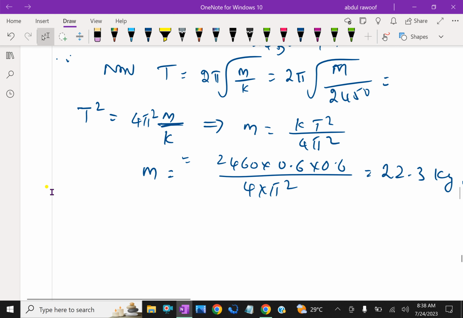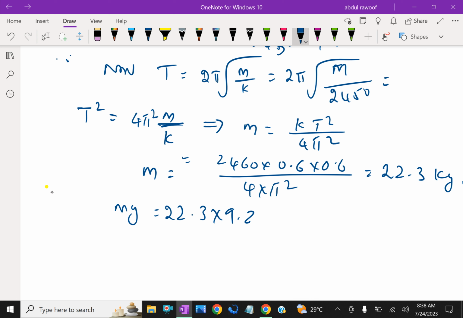Now the force mg is 22.3 into 9.8 Newton, which gives 218.5 Newton.